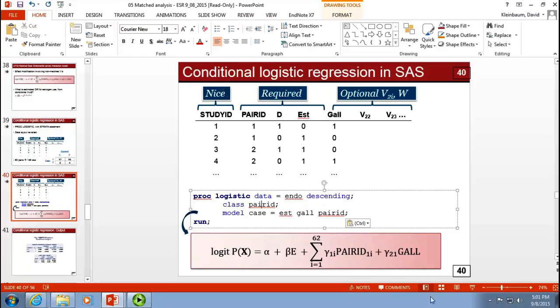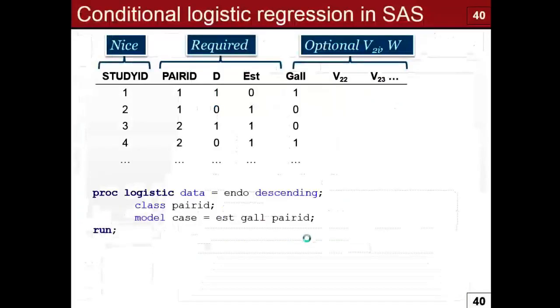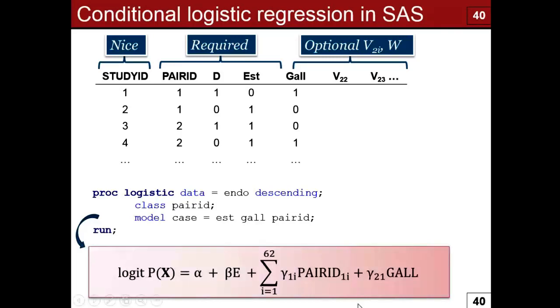This might be if I gave you this formula and said, put this into SAS, and you did this, it might be your first naive swing at this. You'd say, I want 63 or 62 dummy variables, and I want to represent this thing called pair ID. Put it in like this.